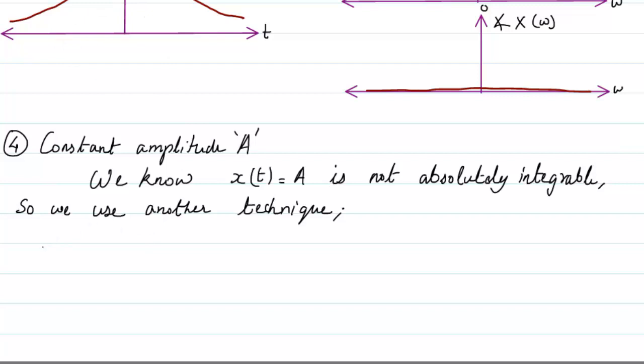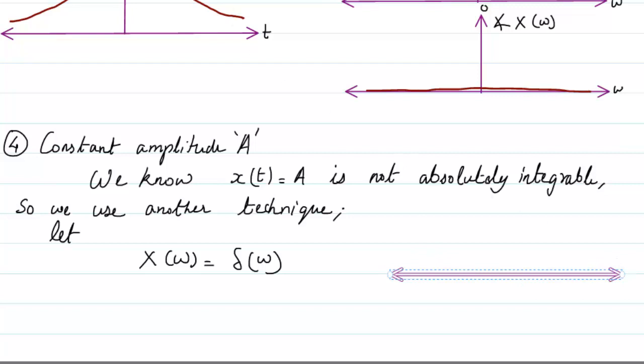So we will start: let X of omega be equal to delta omega. That means we are saying, assume that there is an omega function which is basically the delta function of omega.